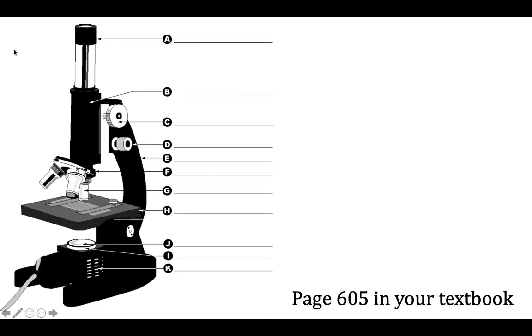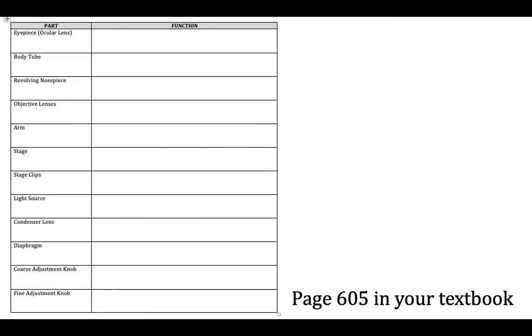So in this particular lesson, I'm going to ask you to do some work before you come back and listen to the rest of this lesson. Go to page 605 in your textbook. It's provided on the classroom if you need it. And I want you to fill in the parts of the microscope. They're listed exactly as you see here. And I also want you to write down the function of them as well.